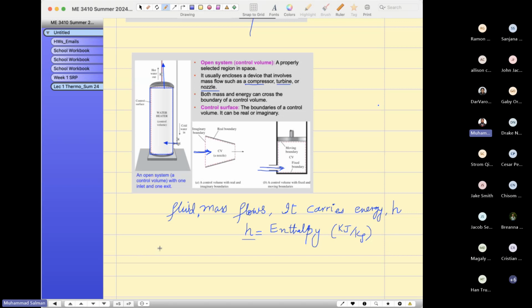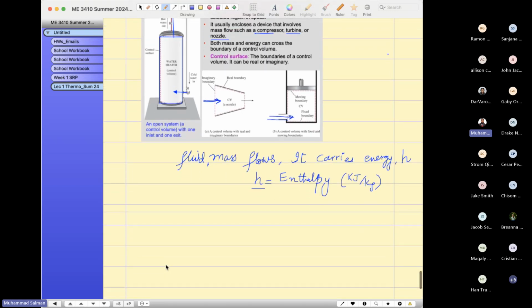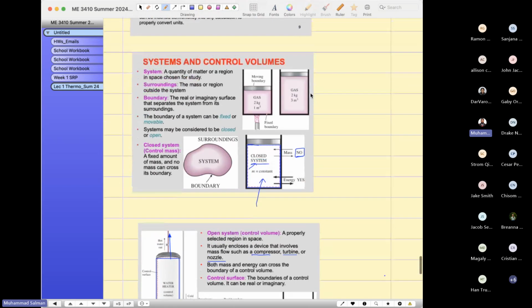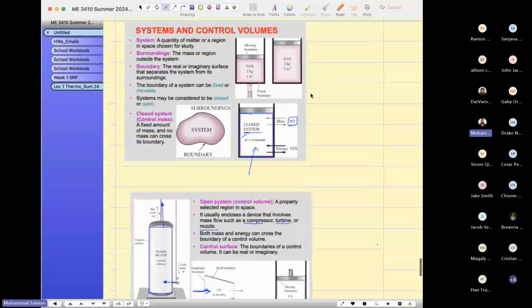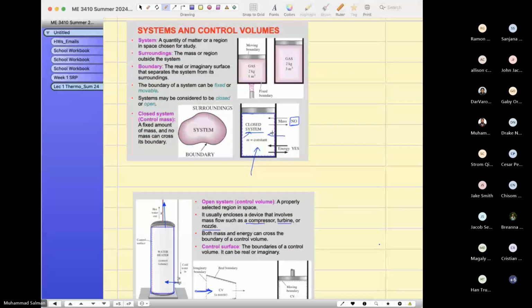Every fluid has energy when it is moving. When the fluid moves, it possesses enthalpy. And if the fluid does not move, a stationary fluid, like in our closed system, this is just internal energy. You see my point?